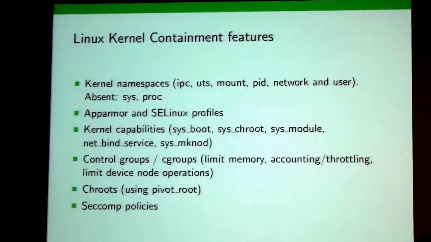I'll show this to you later, but a user ID might look like it's number 65,000 from outside the container, but inside the container that UID appears to be 0, so it appears to be root from inside. But outside, the Linux kernel just sees it as a normal process. It's not privileged.